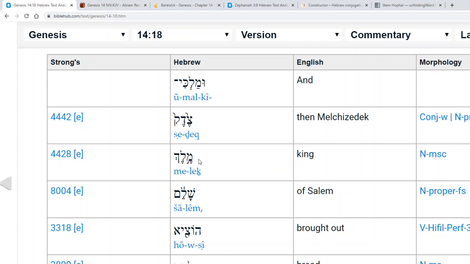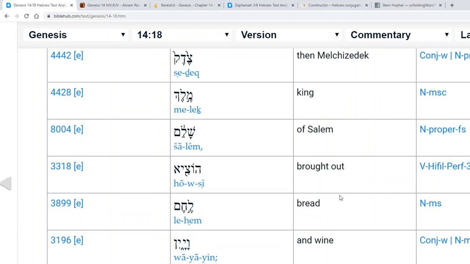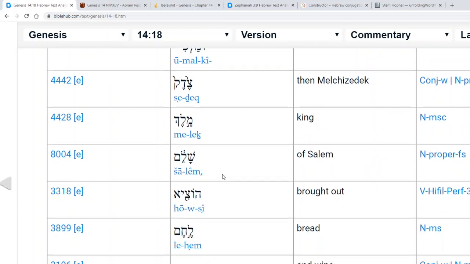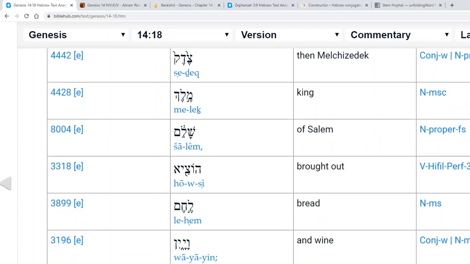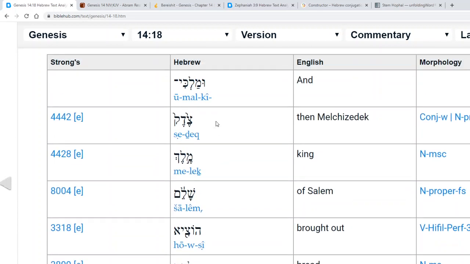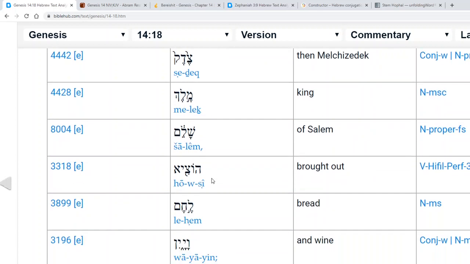He was the king, right? Shalem. So Shalem is obviously the name of a place, but melech Shalem also means a complete king, right? Because Shin Lamed Mem is the root we get Shalom from, right? Melech Shalem, he was a complete king. But here it's obvious that it's referring to a place name from the way it says, right?